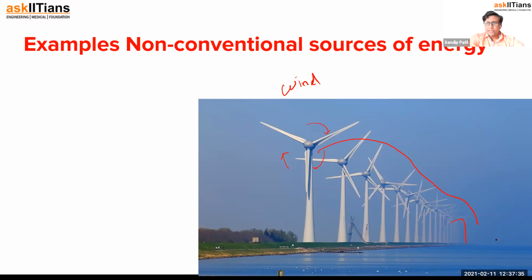There are big magnets and a coil, and the main part is that when we rotate the turbine, this coil is going to rotate, and that rotating coil is going to generate the electricity, which is alternating current. You must have heard that in the electrostatics lecture, right? So here wind is going to rotate the turbines, and ultimately the turbine will rotate the coils. We know that part, right? Therefore, we are getting the alternating current.